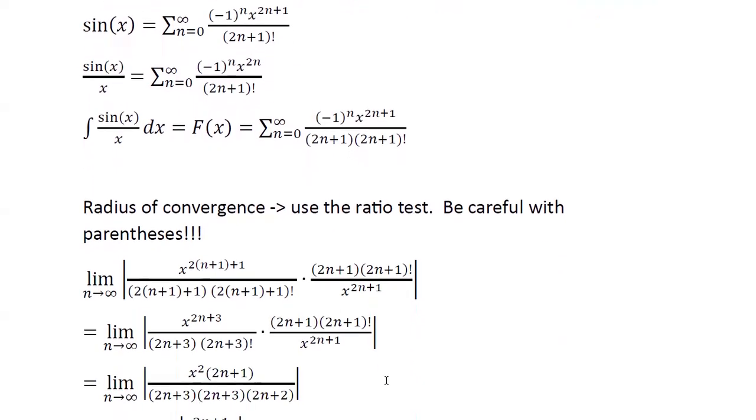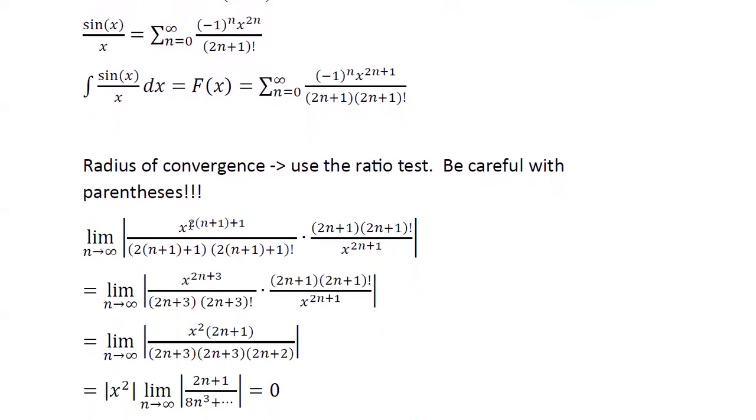Let's do some algebra to simplify now, okay? This becomes 2n plus 2 plus 1, which is 2n plus 3, okay? And this term and this term, we can subtract powers, so it becomes x squared, right? Right there. And then over here, it's 2n plus 3, and this is 2n plus 3 factorial, okay? So these don't simplify, so those remain.